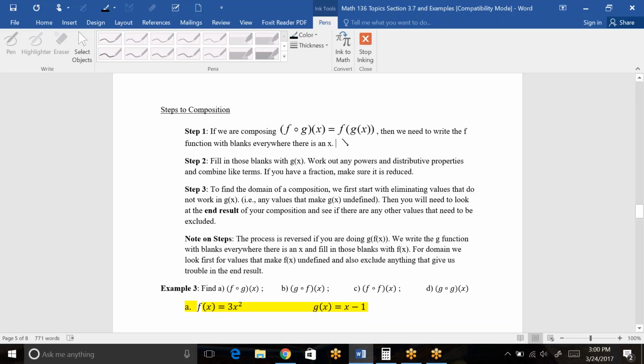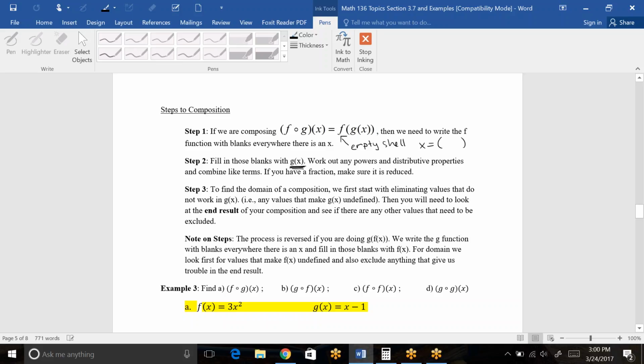So in this scenario, whatever's on the outside becomes an empty shell, where all x's turn into blanks. You fill those blanks in with whatever's g of x, whatever that function is. If it's x plus 2, you fill in all the blanks with x plus 2. Then you'll work out any powers, distributive properties, combine like terms. If you have fractions, make sure it's reduced. In other words, you just clean it up algebraically.